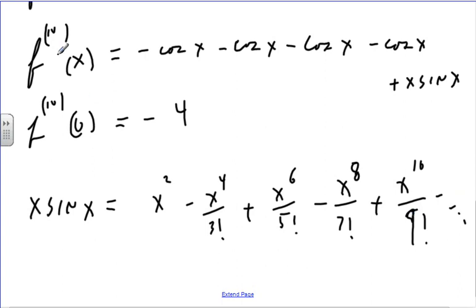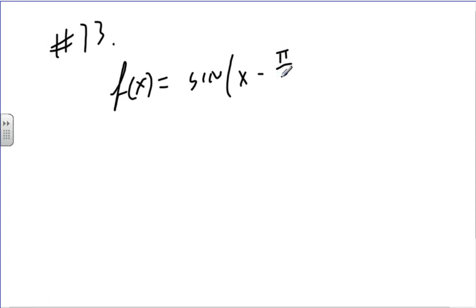Number 13. Wants us to do the sine of x minus pi over 2. Okay, so f of x is equal to the sine of x minus pi over 2. Let's see, now if x were pi over 2, that looks like minus cosine is what it looks like.